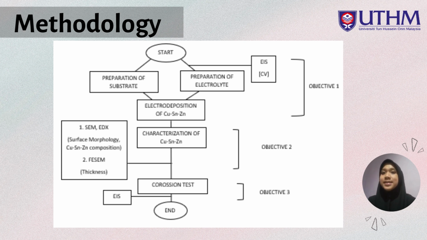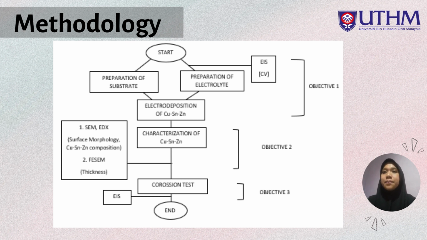Once the electrolyte is done, analyze the electrolyte using EIS to get the cyclic voltammogram. After that, set up all the material for the electrodeposition process in order to achieve objective 1. Once it's done, test the corrosion behavior of each sample using EIS. This step will help to reach objective 3.